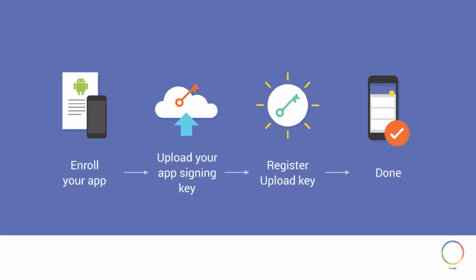It's really easy to get enrolled to this program. Just upload your existing key, create a new one, and you are done. For existing apps, we offer a flow that allows you to securely hand over your existing key, and after that, you don't have to worry about balancing security and convenience of access to your signing key.